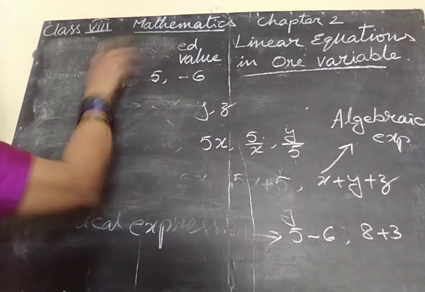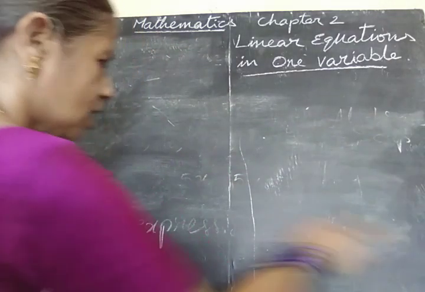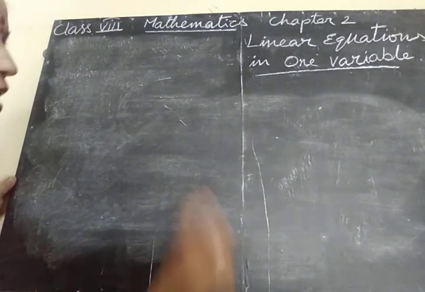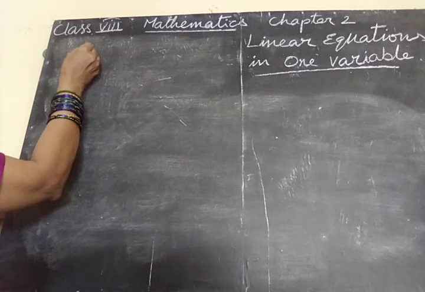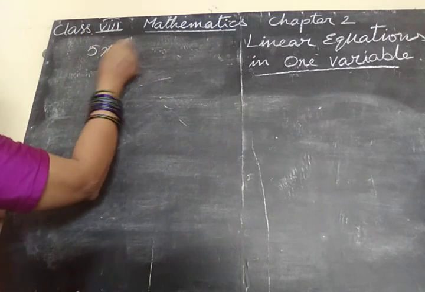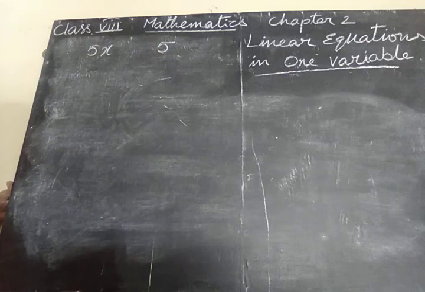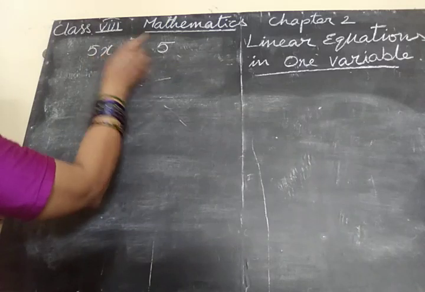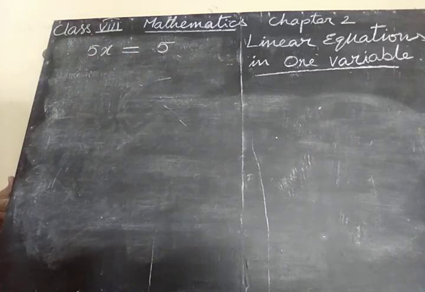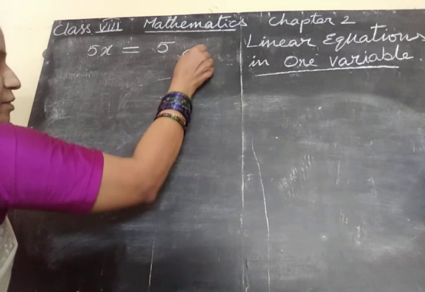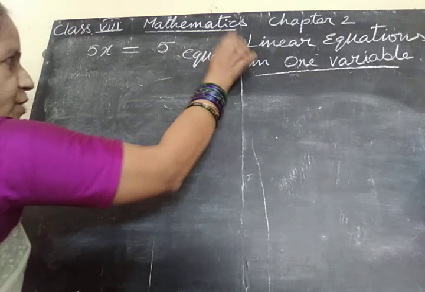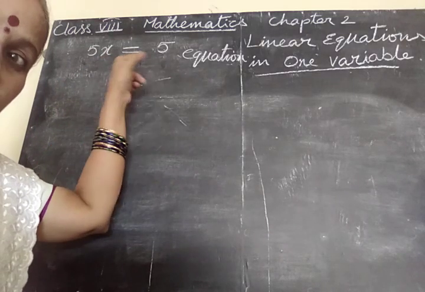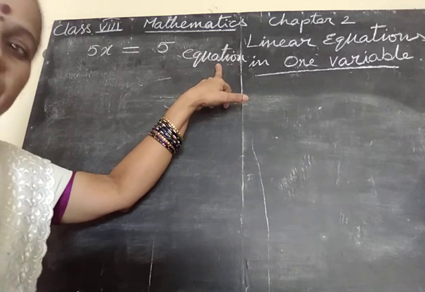Now, these algebraic or numerical expressions, two expressions. See, for example, 5x and another one, 5. Between these two expressions, if there is an equality sign, it is called an equation. If there is an equality sign in between two expressions, it is called an equation.